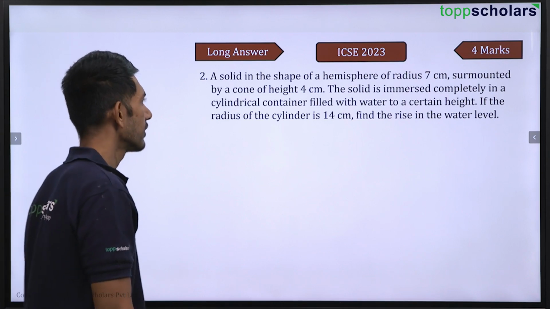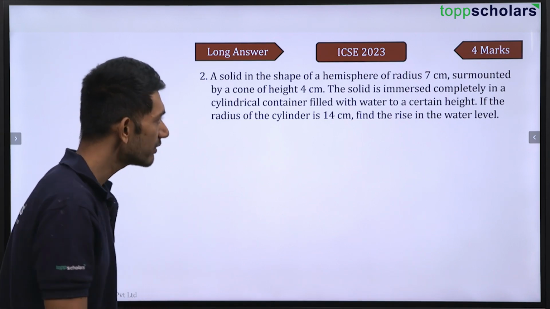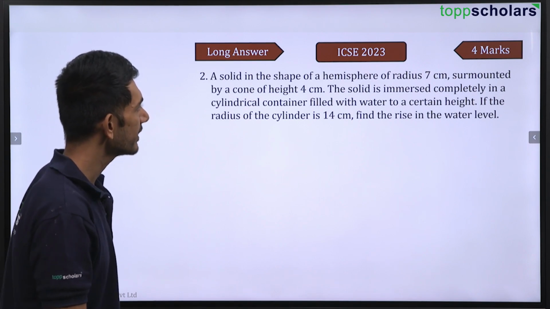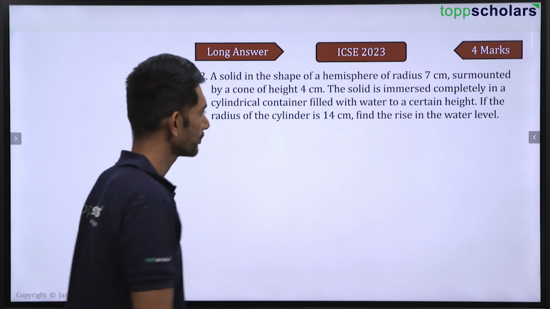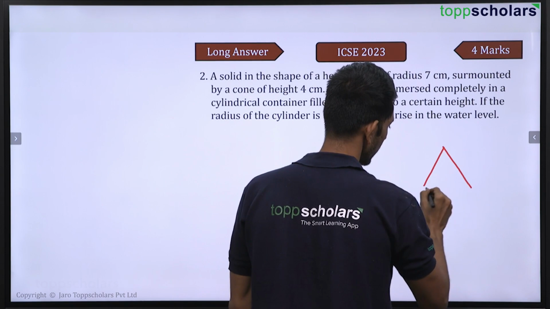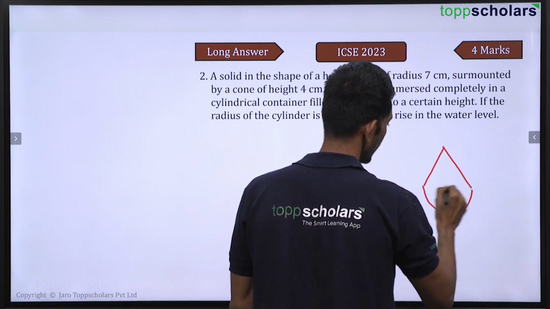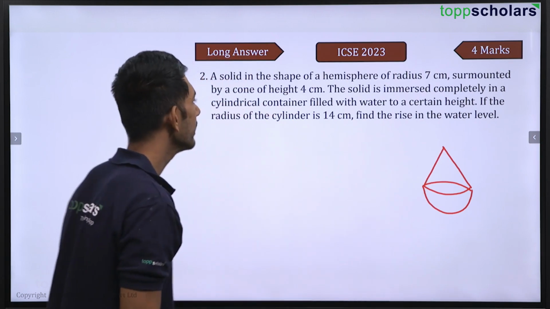It says a solid in the shape of a hemisphere of radius 7 centimeter surmounted by a cone of height 4 centimeter. So basically you have a cone and below that you have a hemisphere. So the cone is surmounted by a hemisphere.